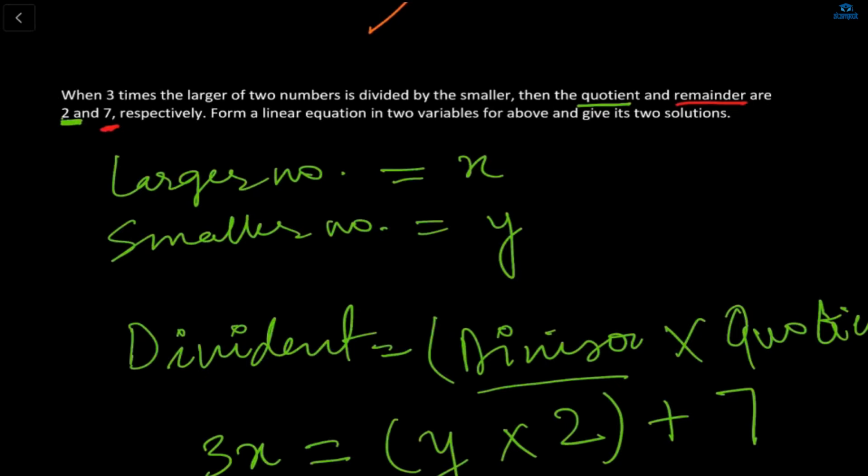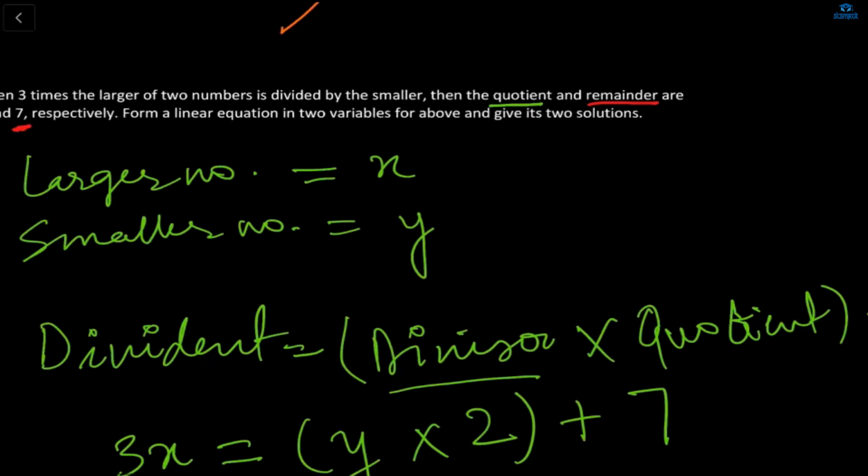So I started. When 3 times the larger of the numbers is divided by the smaller, then the quotient and remainder are 2 and 7 respectively. You have to form an equation, and after that you have to find two solutions. So I have taken the larger number as x and the smaller number as y. Our division algorithm says that dividend is equal to divisor into quotient plus remainder.